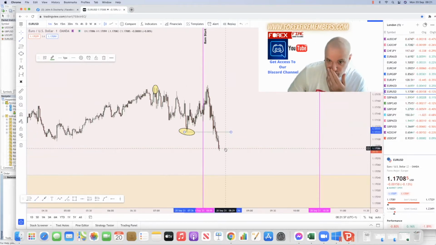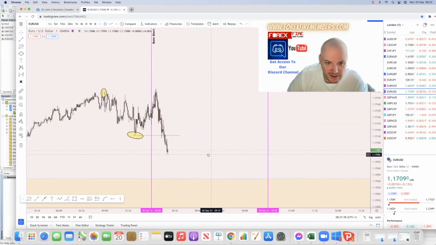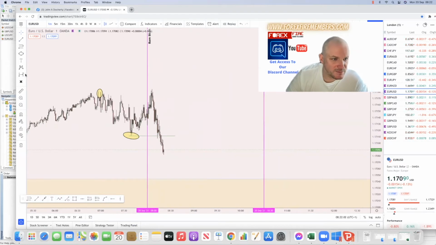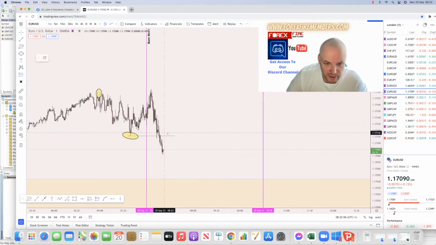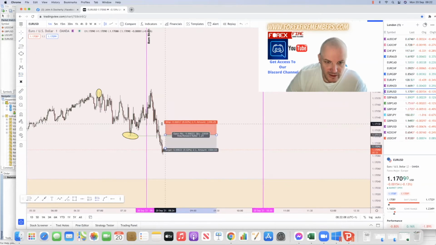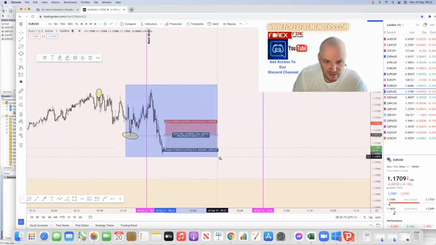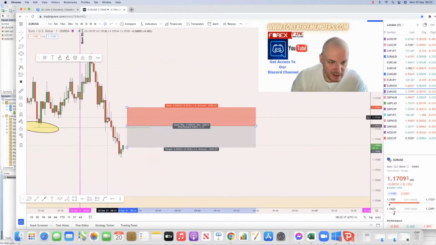Okay, it looks like we've broke the structure on the low. A bit of a pullback, short position. Going from there, the stop is this area here.